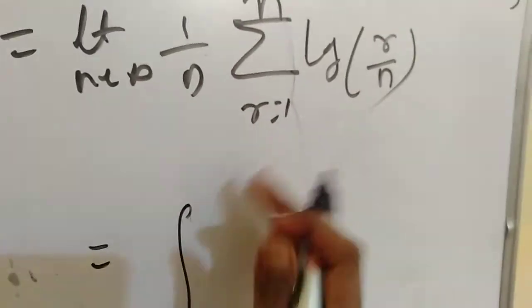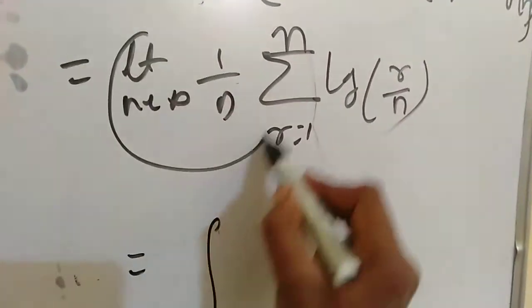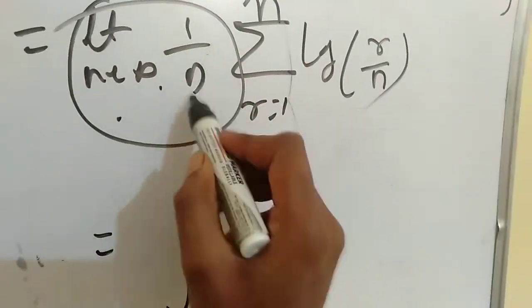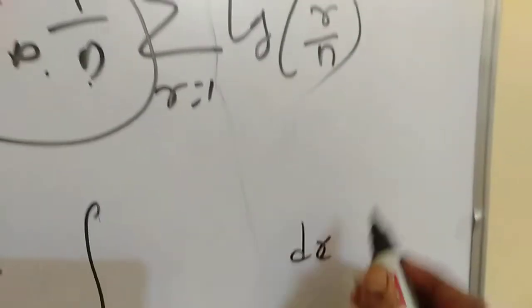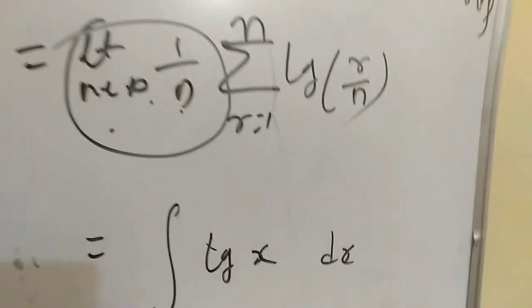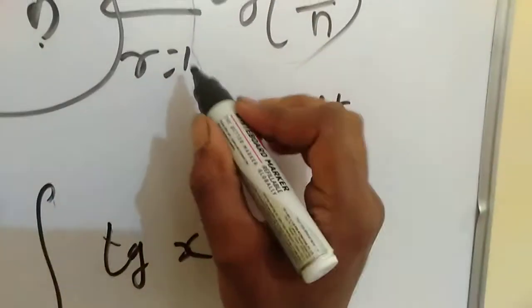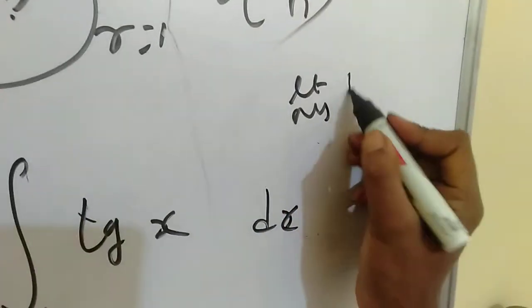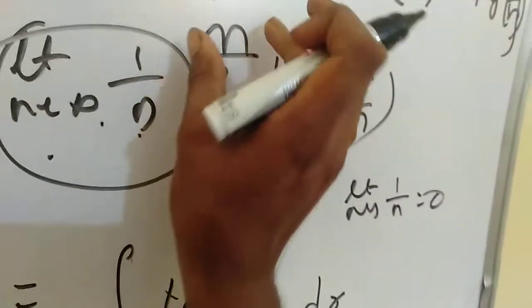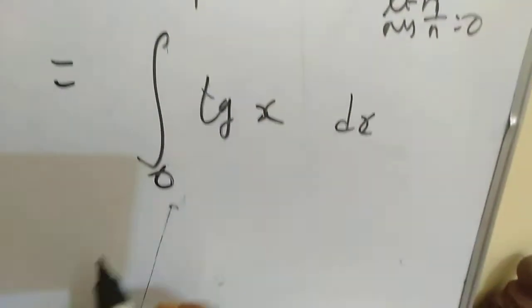The summation becomes integration: 1 by n becomes dx, and r by n is x, so we get the integral of log x dx, and the limits: when r by n with n tends to infinity, the lower limit gives 0 and the upper limit gives 1. That is limits from 0 to 1.